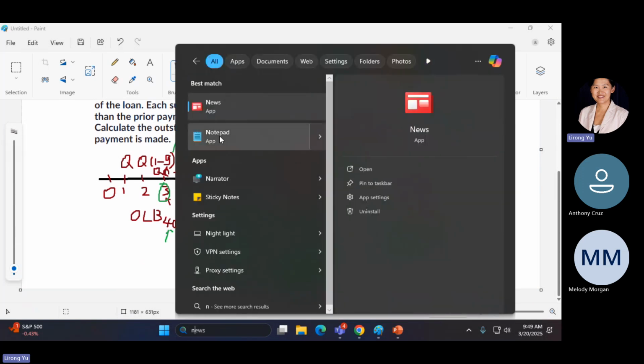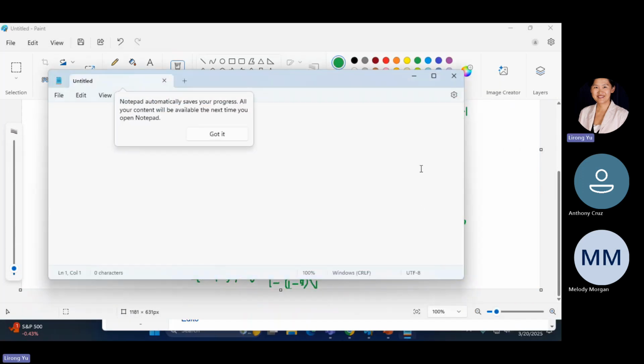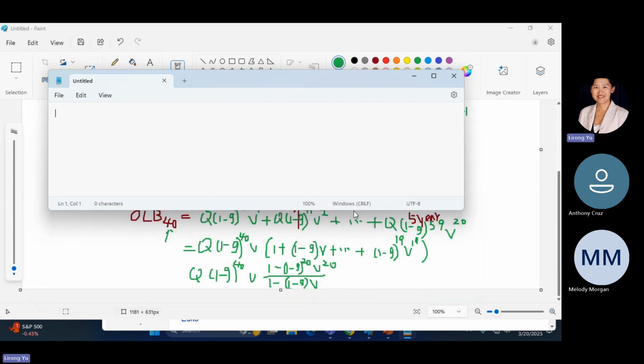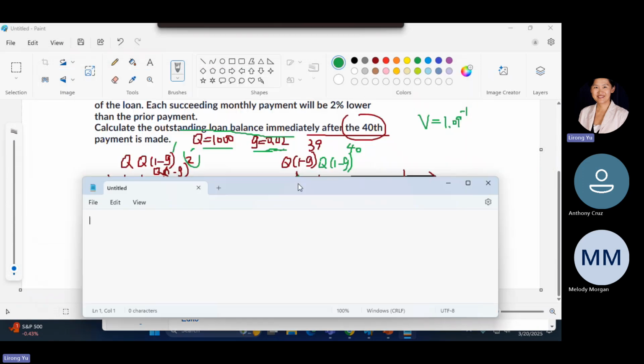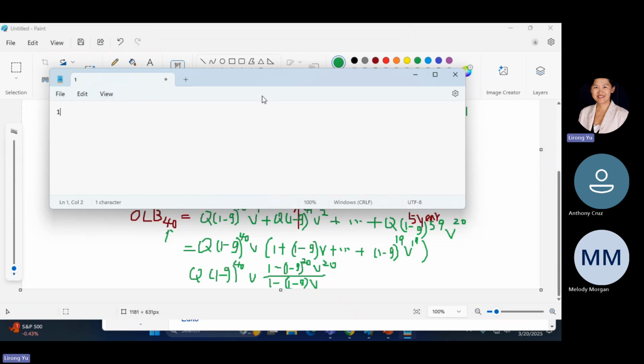So let's see here. Try to review how we calculate the outstanding loan balance, something we've done before. Here we have the Q, 1000. So let's make it larger. 1000 times 1 minus G, which is 0.98 because G is 0.02. This is raised to the power of 4, and then multiplied by V. V is 1.09 to the power of -1.